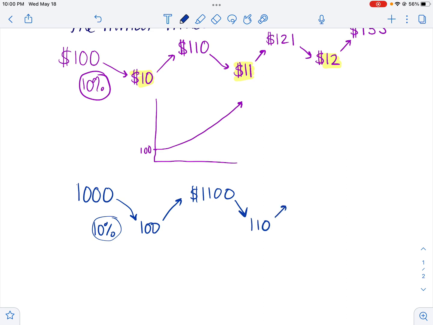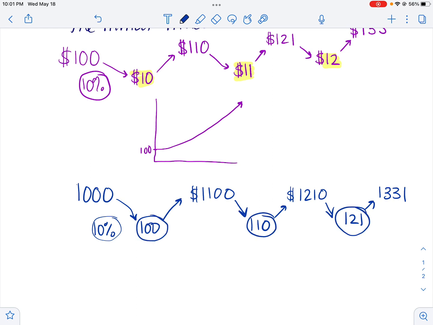And then we add that back in and we'd have $1,210. Then we earn 10% on that. So now we'd have 121, which would give us 1,331. So you can see that like 100, 110, 121, it's going to start going up and up and up, faster and faster and faster.